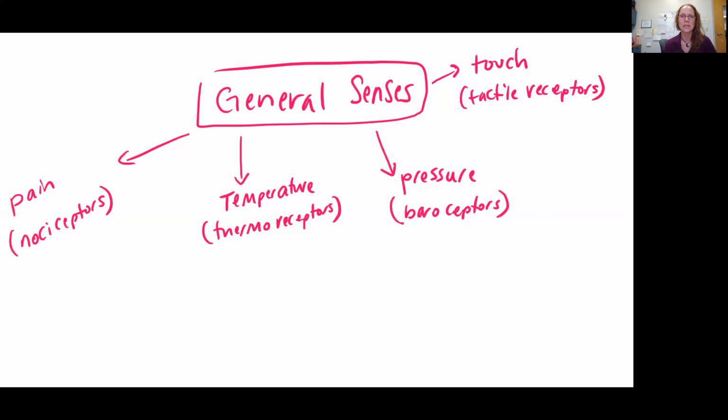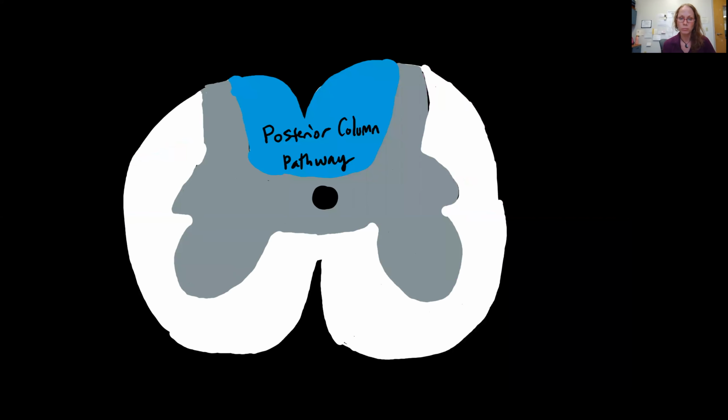So we're not really detecting a lot of detail. We just know it's bumpy. And then the final one is called proprioception, and this is detected by proprioceptors, which are located in your synovial joints and tendons and ligaments, looking at essentially the position of your body in space.